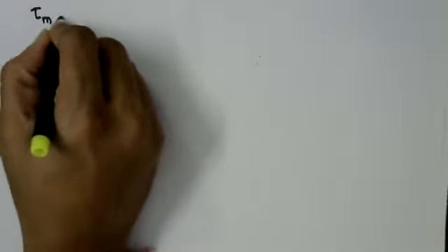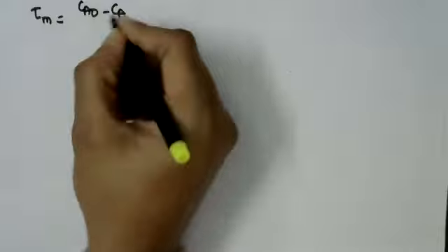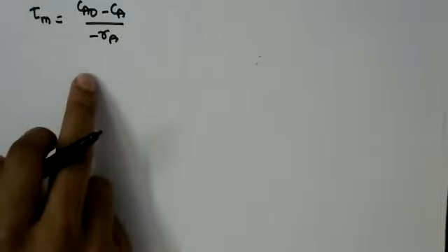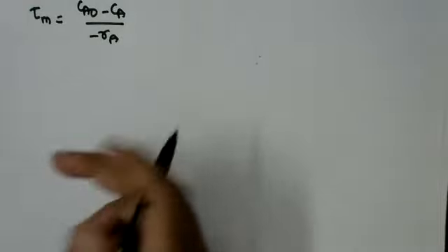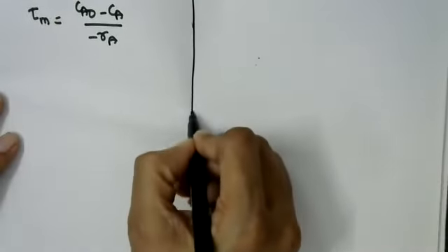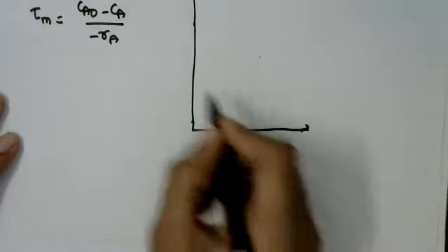tau m is equal to Ca0 minus Ca upon minus Ra. Now, when this type of expression is to be used, we can draw the graph again.